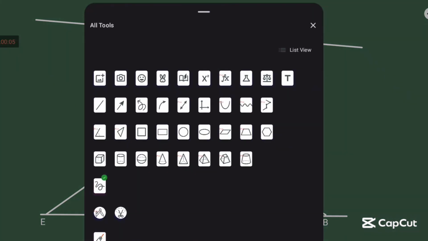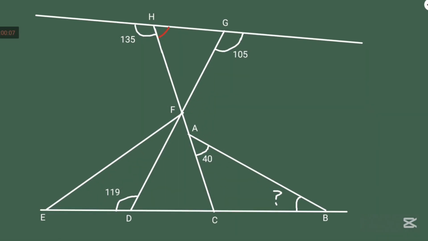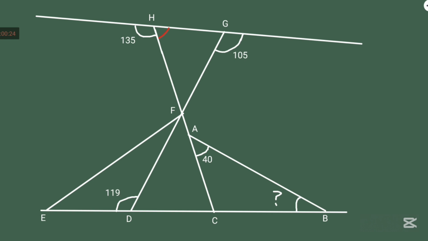In this diagram, we have to find angle at B. Okay. So if we look in the diagram at H, we can see this, so I can find this angle.